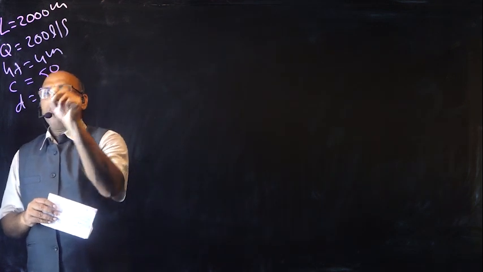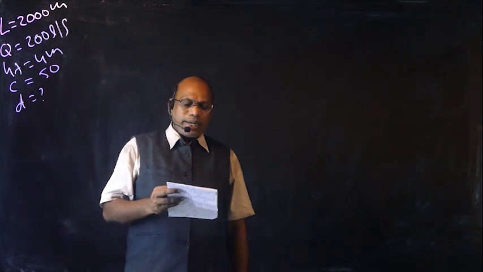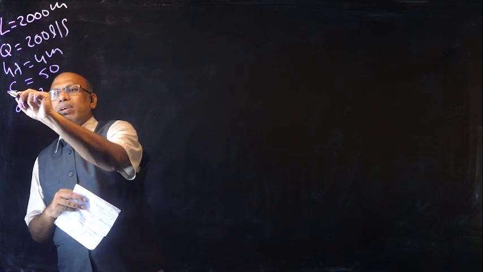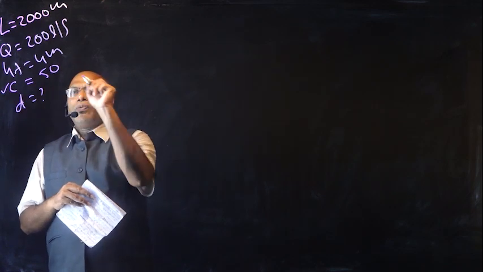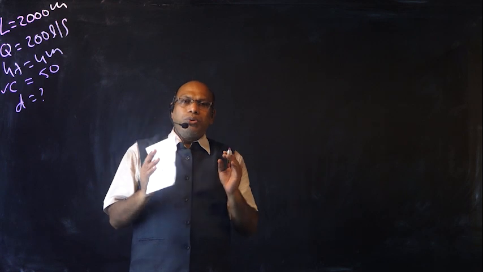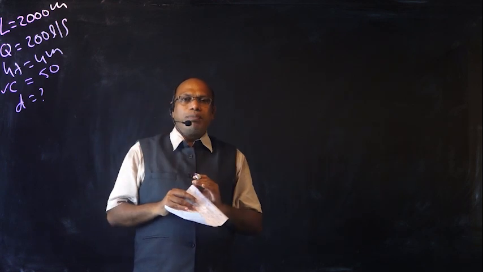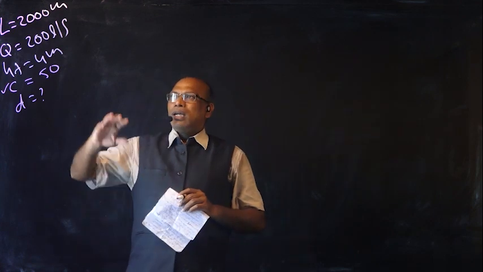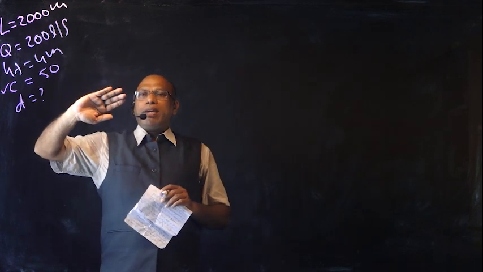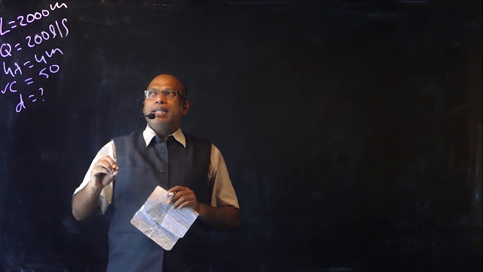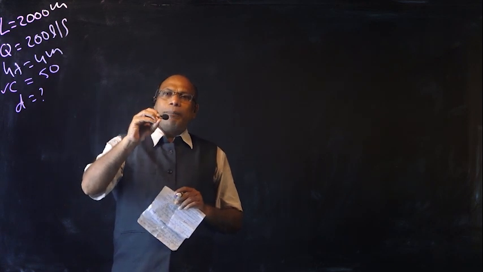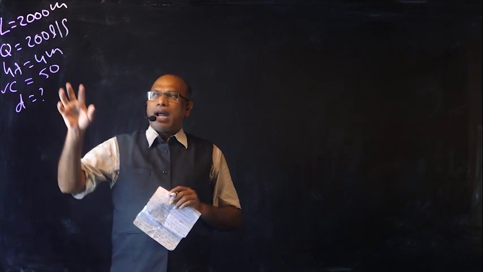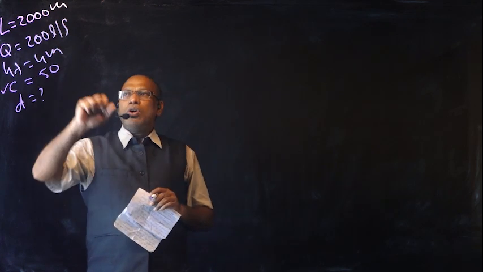D is equal to how much? Here they have given Chezy's constant, that is equal to 50. Now we are going to use Chezy's formula for the determination of the diameter of the pipe. The length of the pipe is given, that is 2000 meters. Discharge flowing through the pipe is also given, that is 200 liters per second. Head loss due to friction is given, 4 meters.